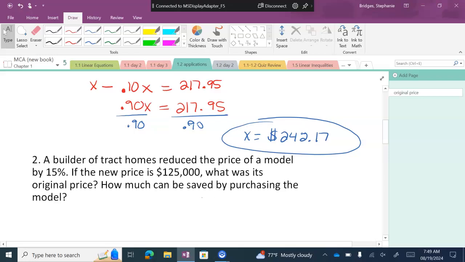So think about this one very similar to how you did the last one. We are looking for the original price. So that's what we're going to call X. And it's always your original price minus your discount is going to equal what you actually pay.